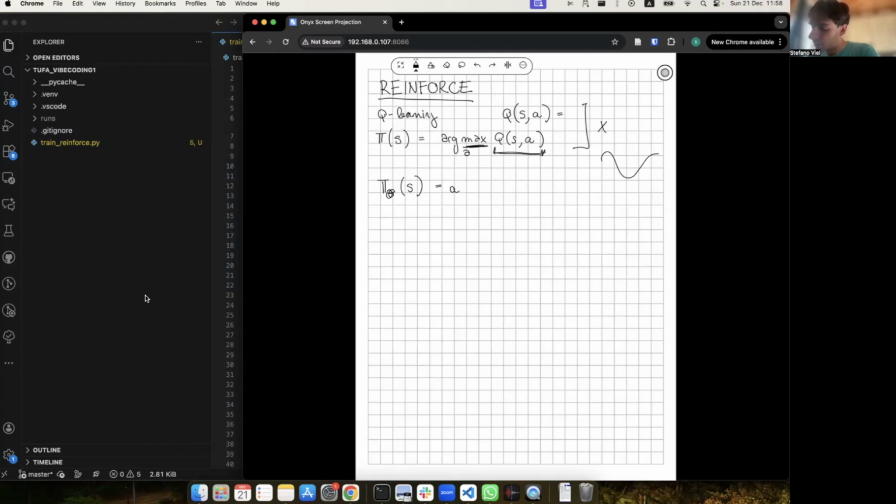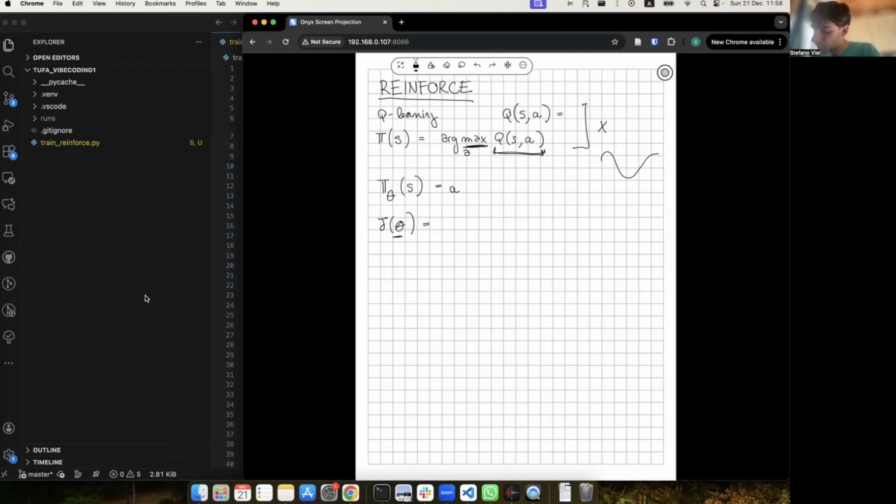Okay, so since we want to directly optimize our policy to maximize the reward, we need something to optimize. And we'll call the function that we want to maximize J of theta. So it takes theta, which are the parameters that parameterize our policy. So if our policy is a neural network, this will be the weights and biases of the neural network.